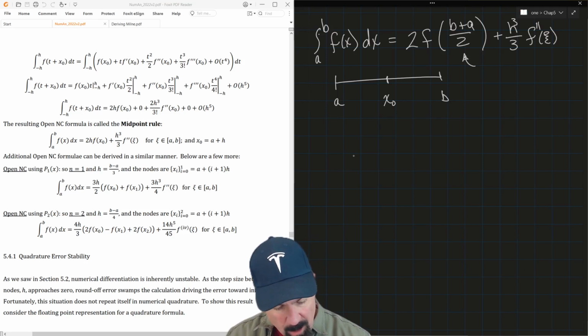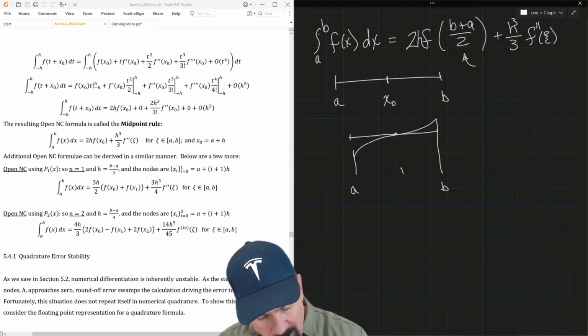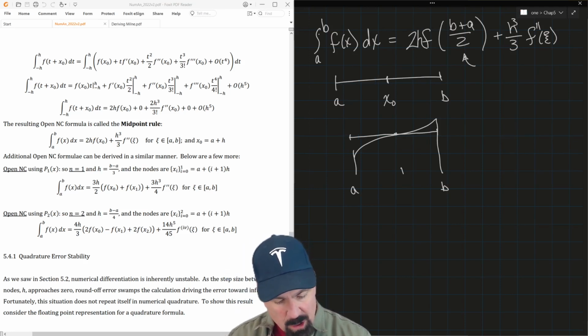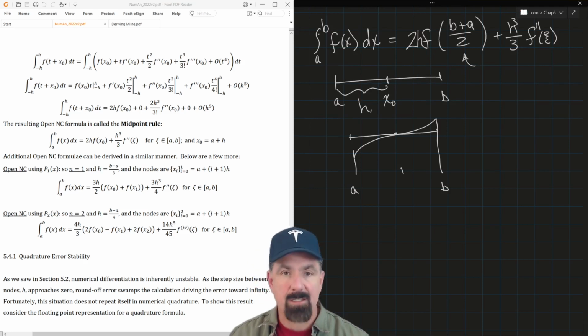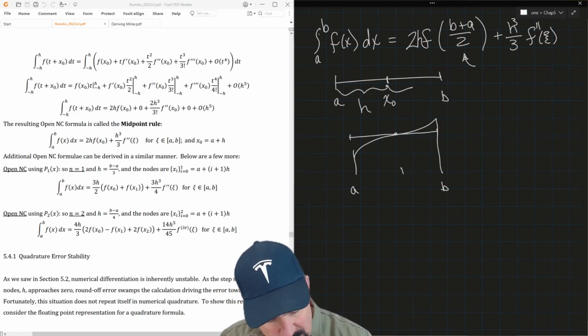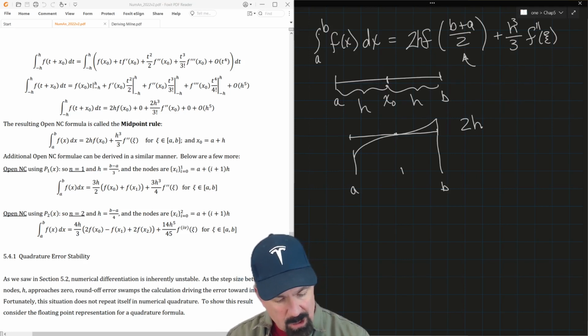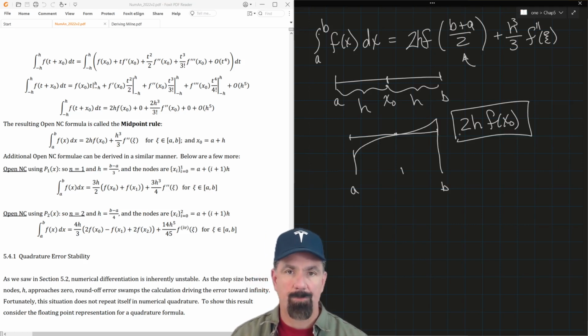When we have some function like this that we want to evaluate the integral of from a to b, it's reasonable to select that value and then multiply times the distance from b to a. What I've forgotten in the formula is this h, because h is defined as the distance from the endpoint to the node or between nodes. So that's an h and this is an h, which is why the evaluation is 2h times f at x naught. That is our approximation to the integral.